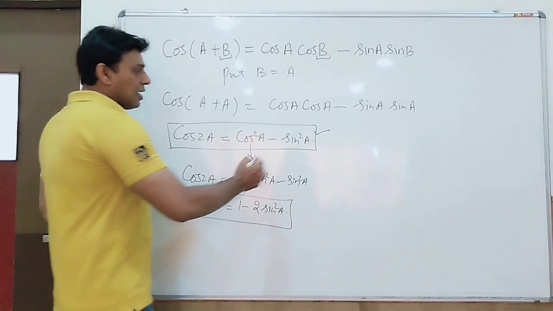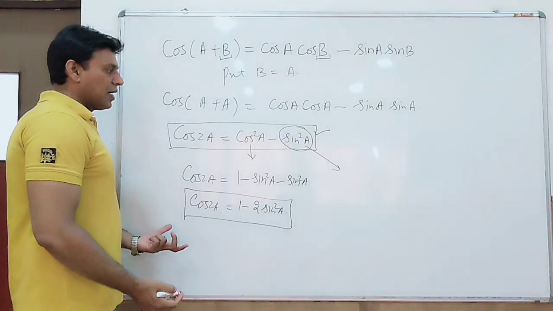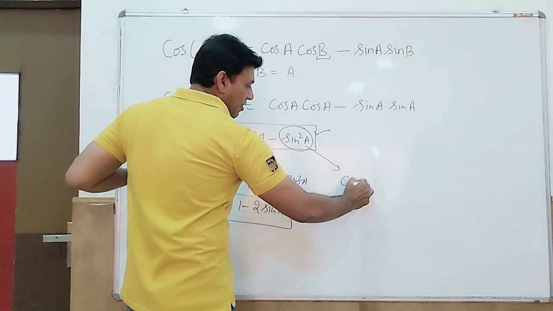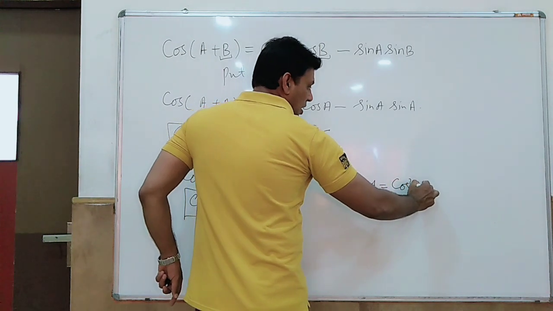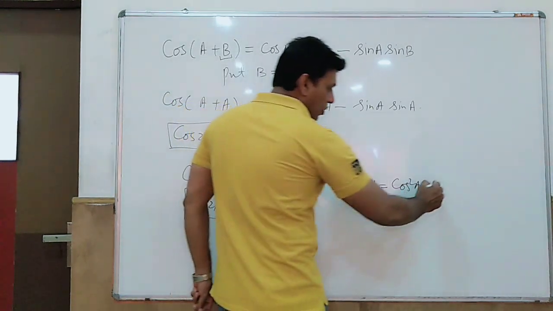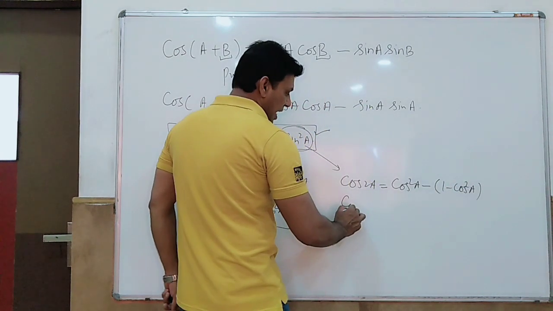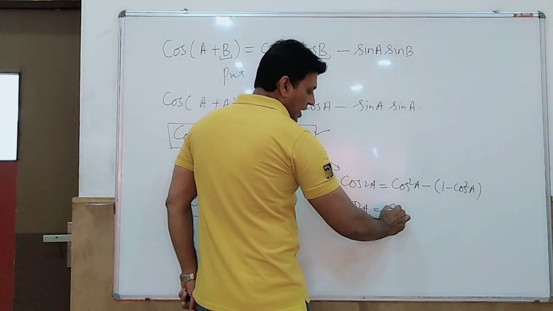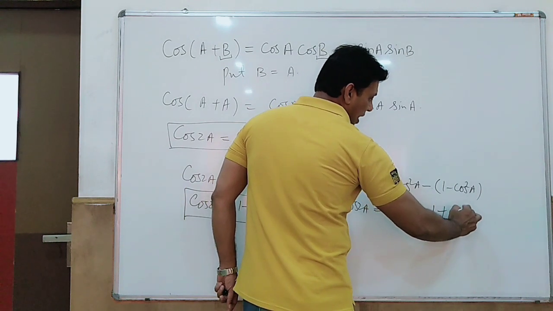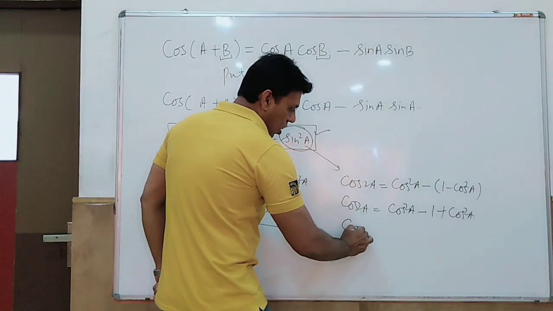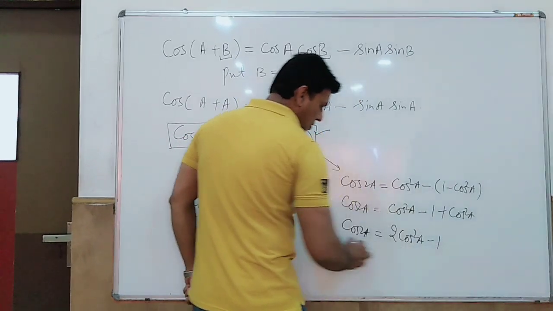What happens if I substitute sin square A as 1 minus cos square A? I can write cos 2A equal to cos square A, and this sin square A can be written as 1 minus cos square A. Then cos 2A will be cos square A minus 1 plus cos square A. Now cos 2A is equal to 2 cos square A minus 1.